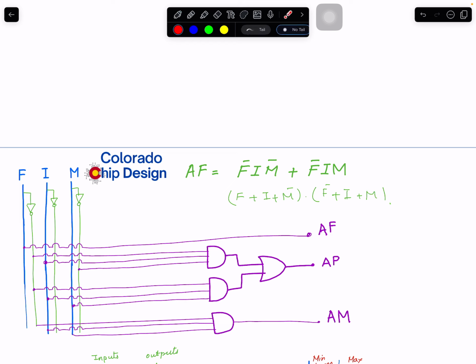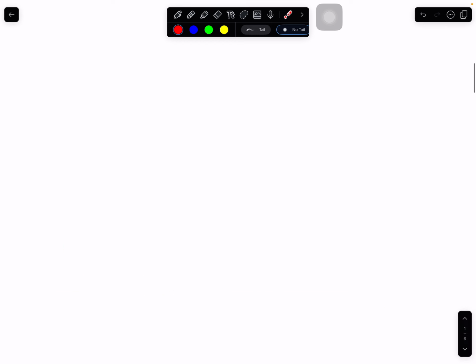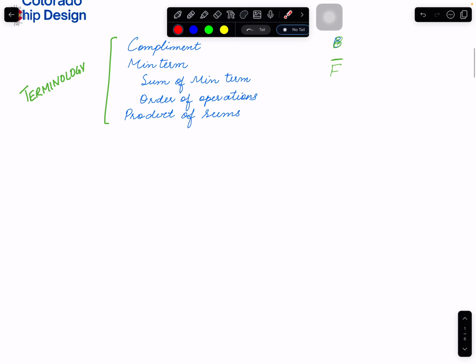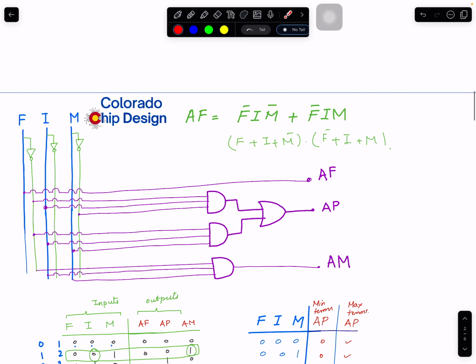You are adding them, meaning ORing them, so the first stage is OR, the last stage is AND. I don't know if you had that question, but that is totally possible, and that is called product of sums. So you have sums, then you make a product.